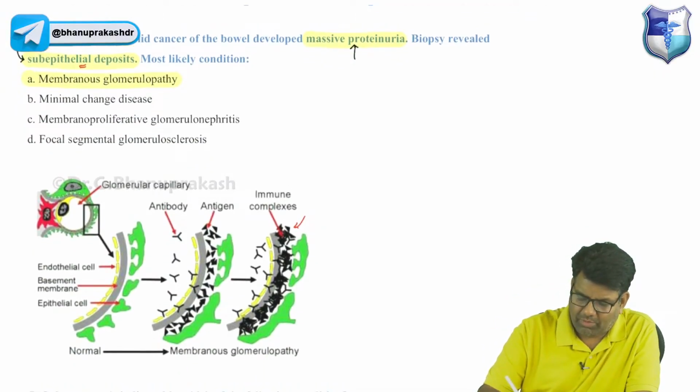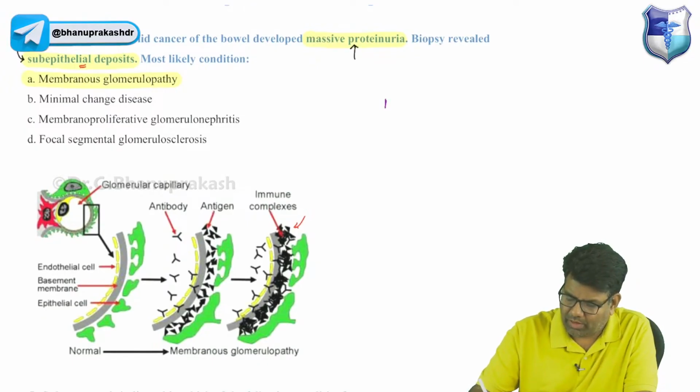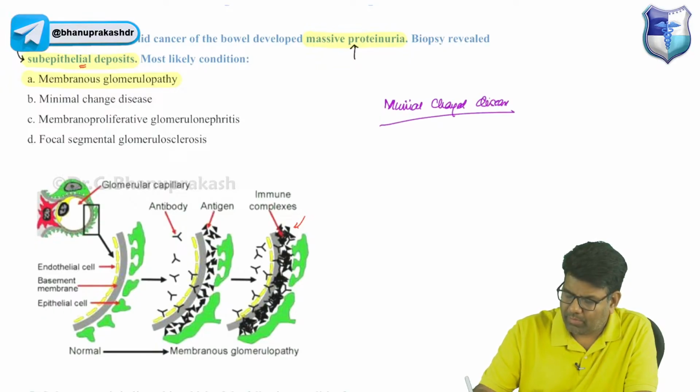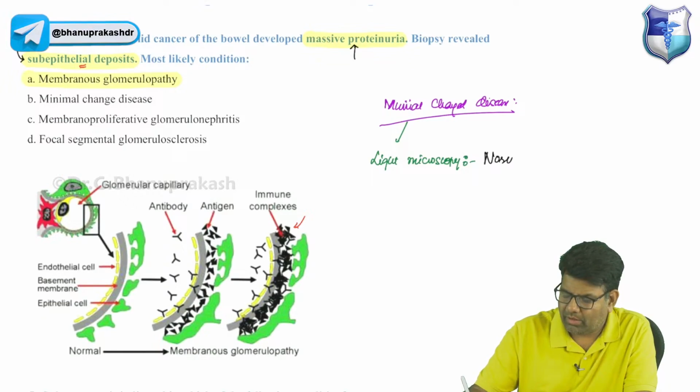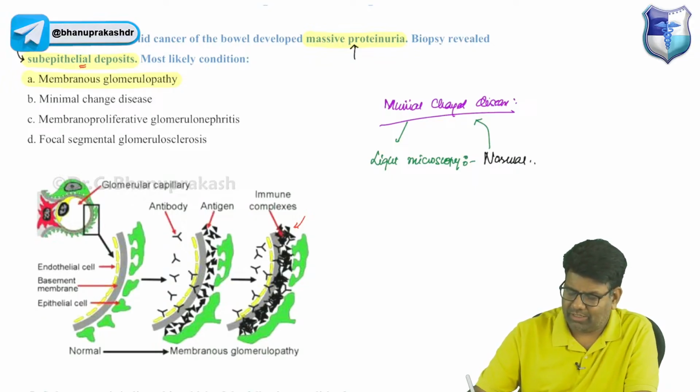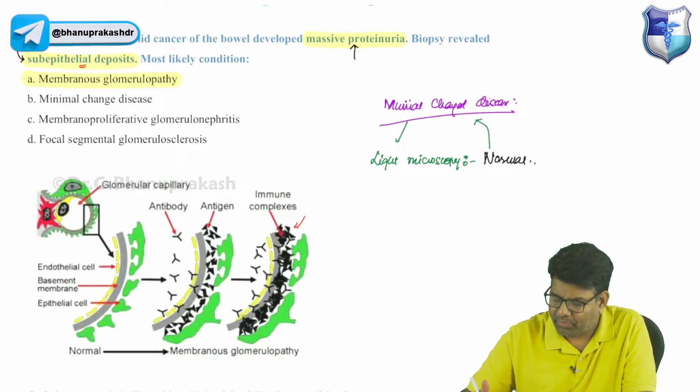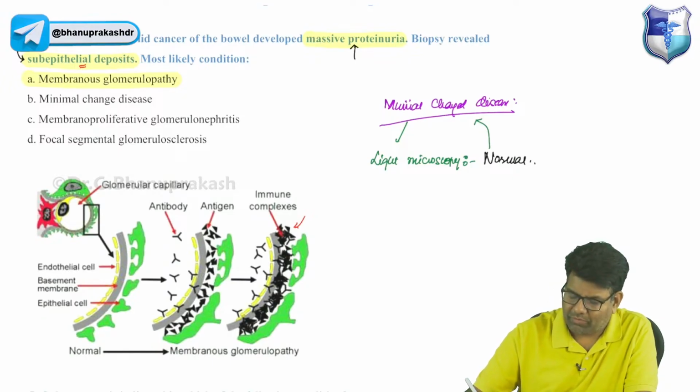Yes, in minimal change disease, if you do light microscopy, what are the findings? It is absolutely normal, and therefore this condition was named minimal change disease by just looking at the light microscopic features.